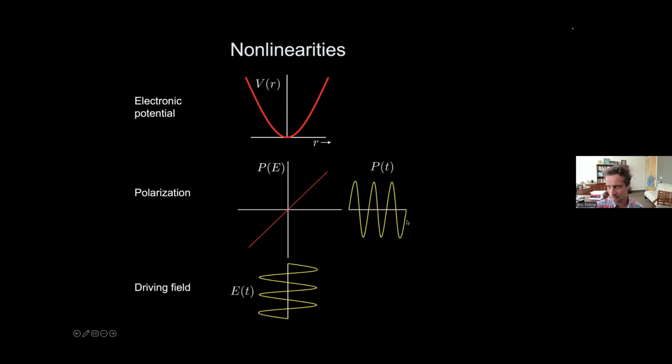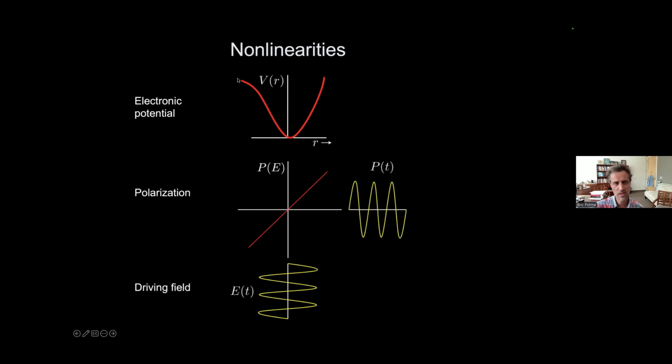So that's so far nothing really surprising, but surprising things happen if I change the shape of this potential. If I look at this potential and I'm driving my electron now from an equilibrium position here at zero towards the right, that is now more difficult because this potential is going steeper up on this side.